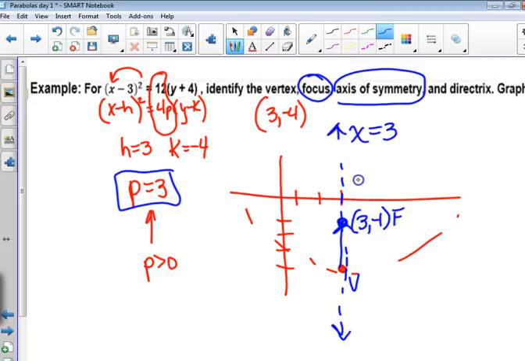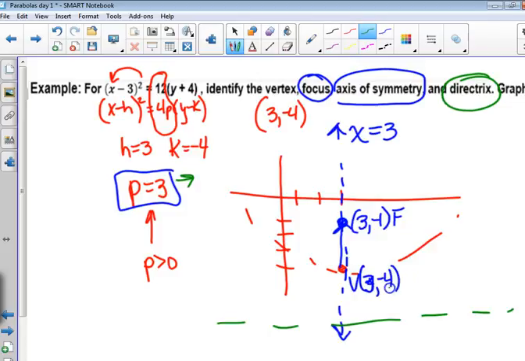Everybody good? x equals 3, right through both the vertex and the focus, which I should have labeled as (3, -4), sorry. All right, then the directrix is how many units away from my parabola? 3 again, 3 down this way. So if I go 3 further down here, I'd have y equals -7.